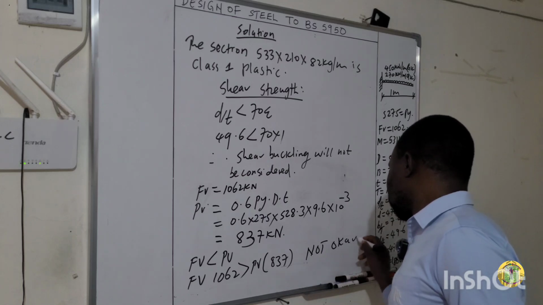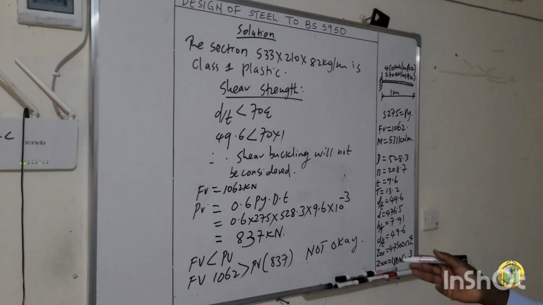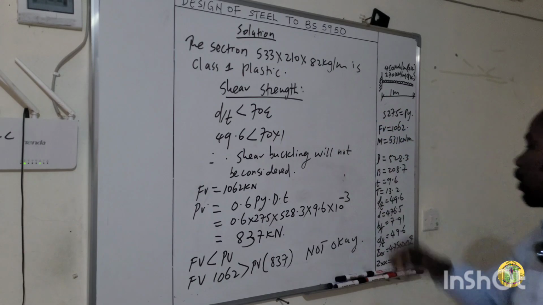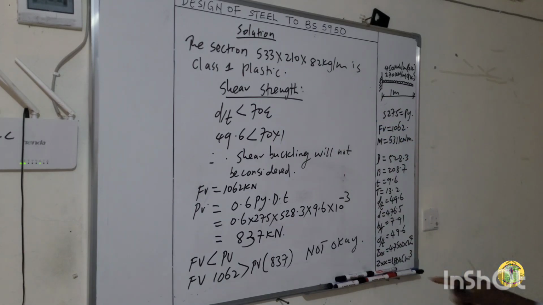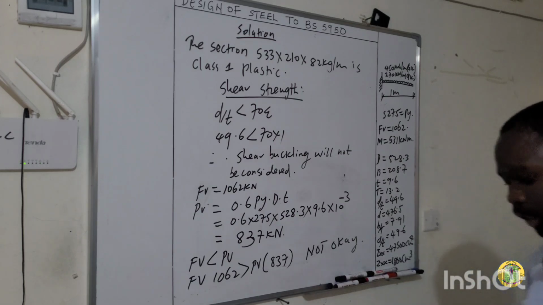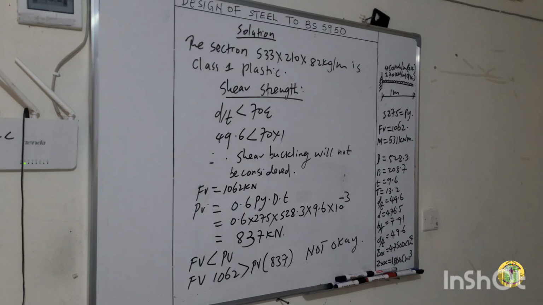That's why from the initial selection, I told you we try this section because it can fail. So what will you do if this is not okay? In this case, because the length of the cantilever is so short, the selection of the section will be determined from the shear strength, which is more critical than bending.